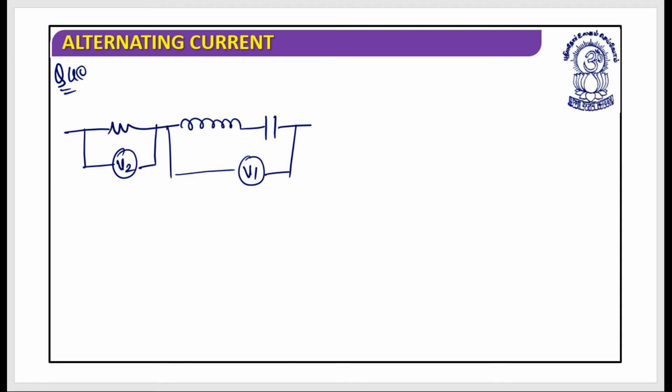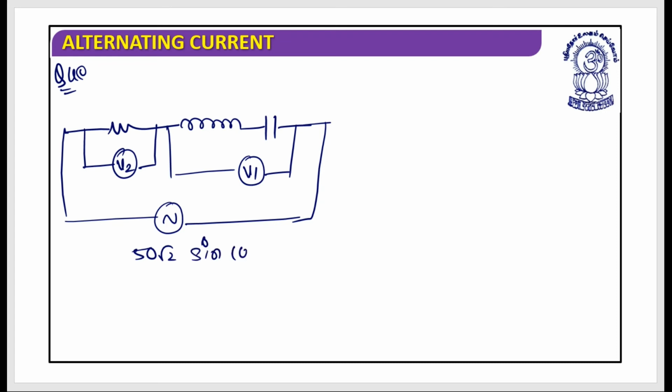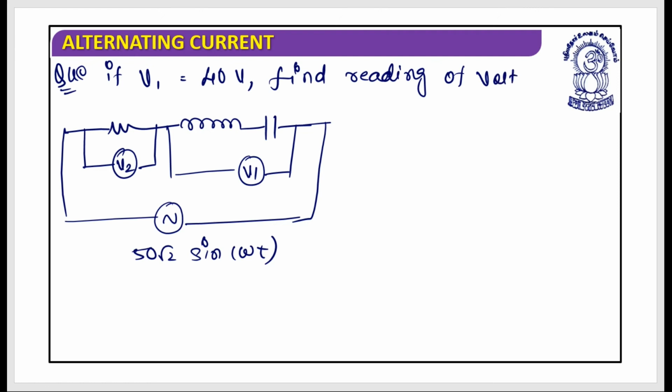Let's call this V1, and this has been connected with the supply, and this supply is 50 root 2 sine omega t. They said that if V1 equals 40 volt, find the reading of voltmeter V2.